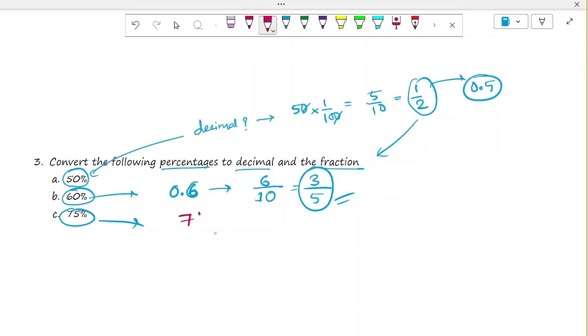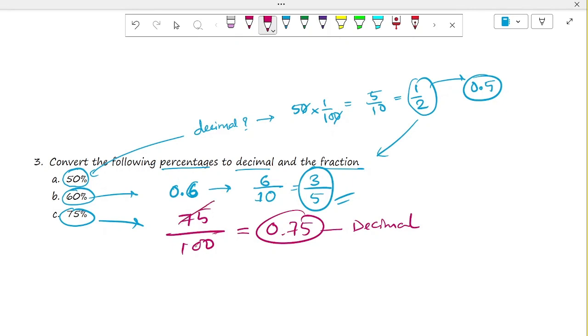Yes, 75 divided by 100. This can be written as 0.75 in decimal, and then 25 threes are 75, 25 fours are 100. So it is 3 divided by 4. This is the fraction. So now you are able to convert percentage into decimal and fractions.